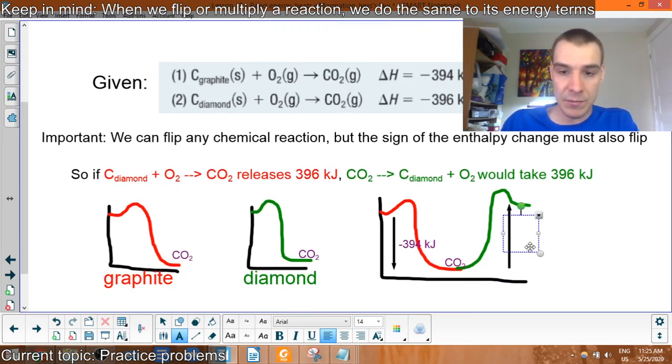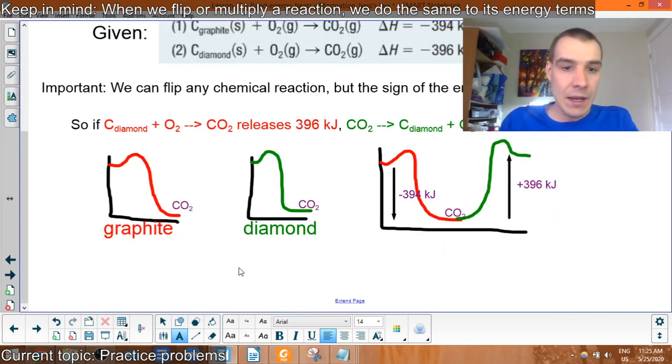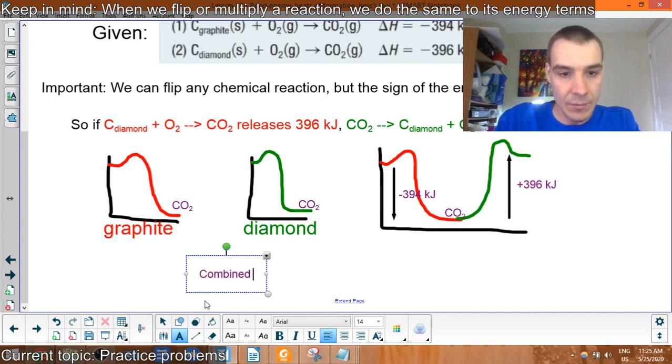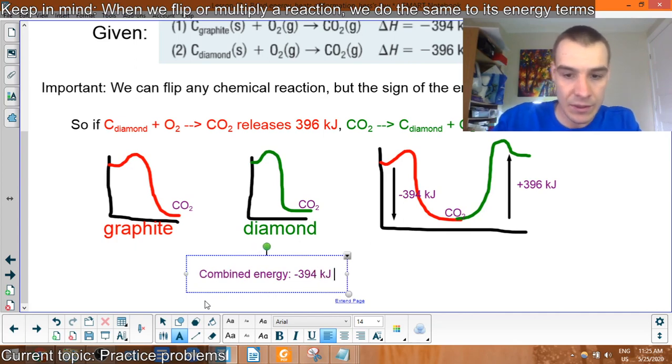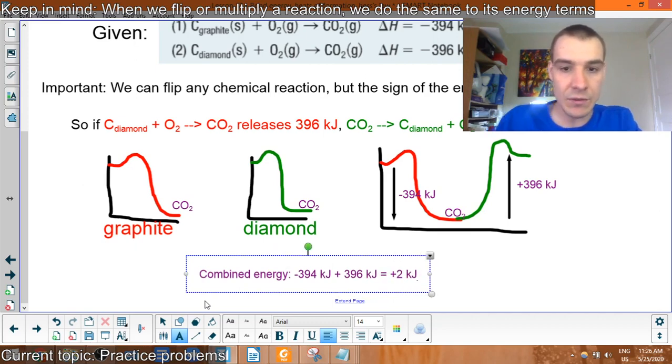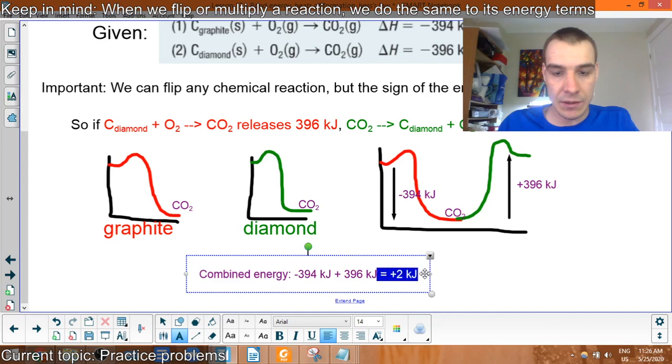So this is plus 396 kilojoules. So we go down, we go up. And so then our answer, the combined energy, is going to be minus 394 kilojoules plus 396 kilojoules, which is equal to plus 2 kilojoules, right? Plus 2 kilojoules per mole.